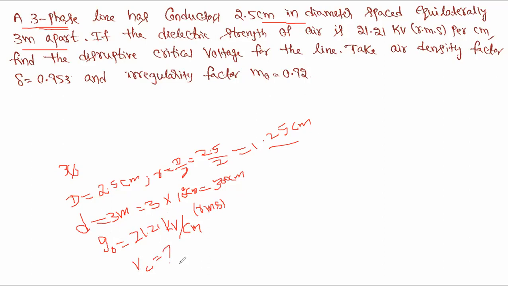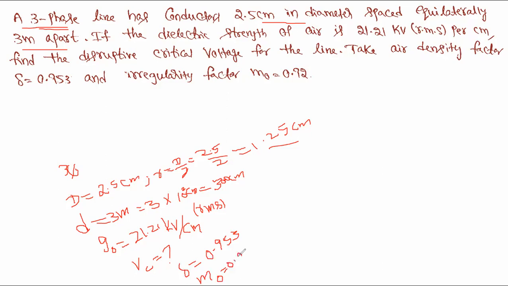The air density factor is given, delta equal to 0.953, and the irregularity factor m naught equal to 0.92.